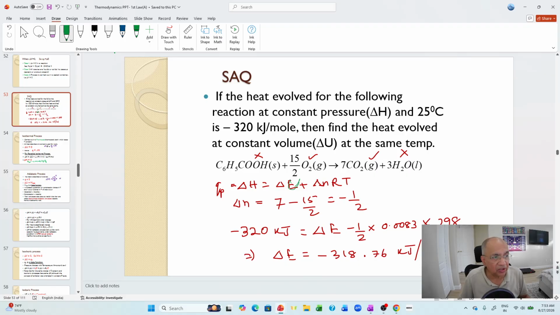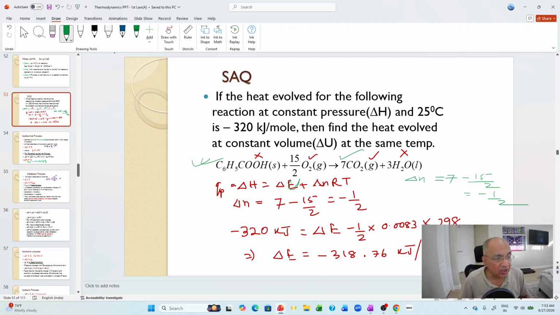So in this reaction, when benzoic acid solid is combusted in air or oxygen, it gives carbon dioxide gas and water liquid. So ignoring the solid and liquid, del n becomes 7 minus 15 by 2, which is minus half.